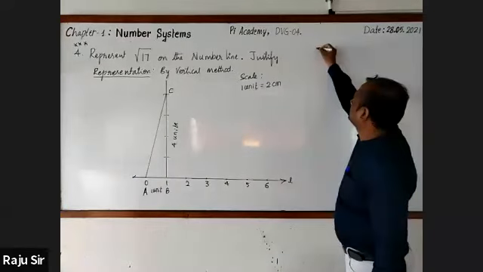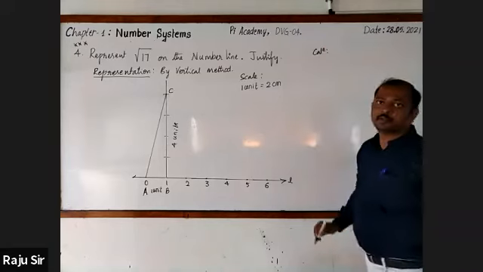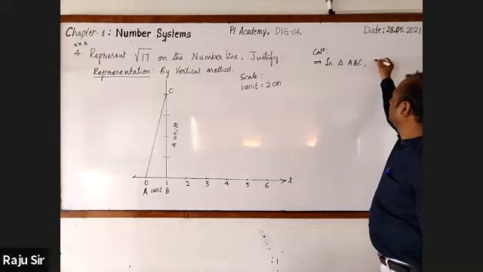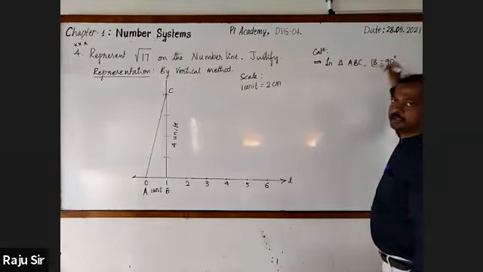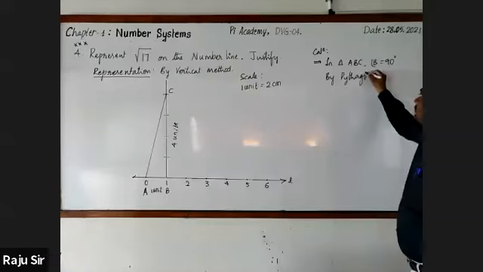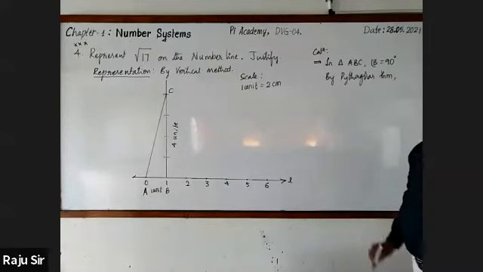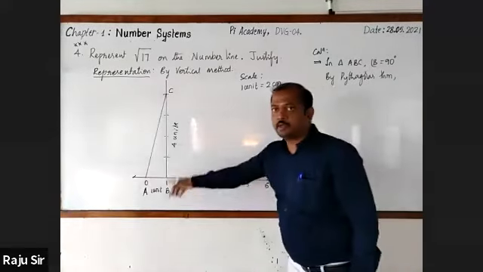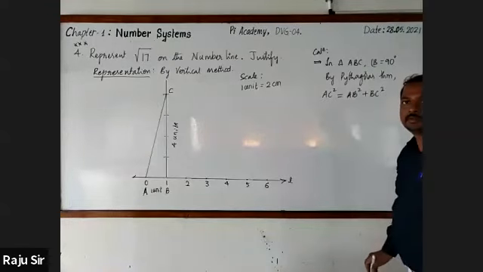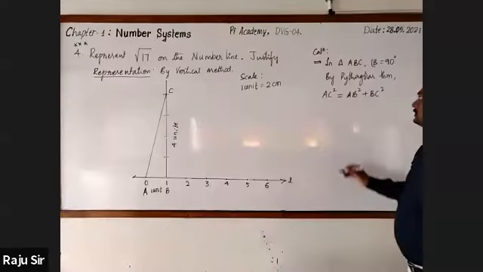Next, you write the calculation. In triangle ABC, angle B is 90 degrees. Please write with me. By Pythagoras theorem, AC square is equal to AB square plus BC square. Now you may substitute.